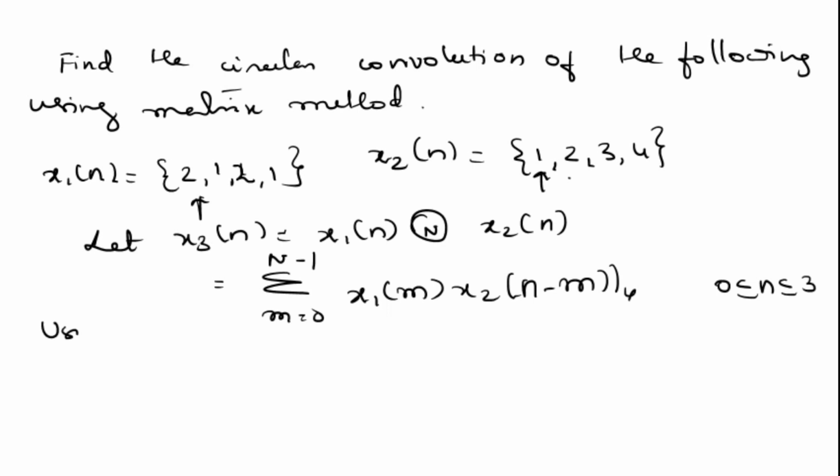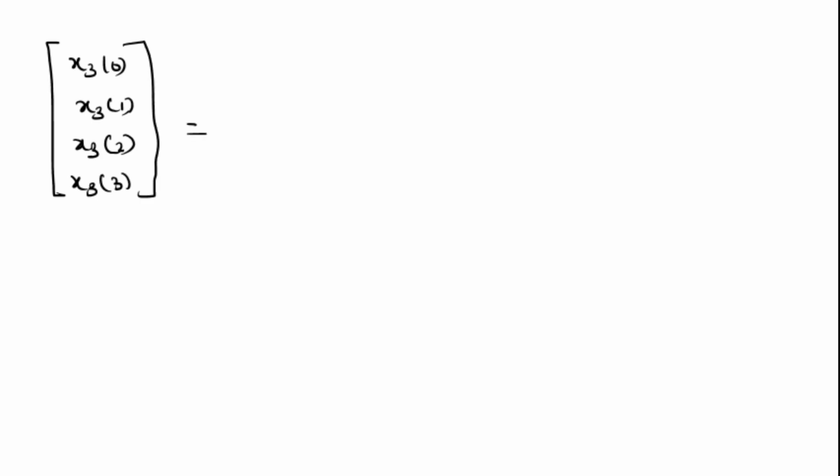So using matrix method, already we have discussed, we can write the matrix. It is x3 of 0, x3 of 1, x3 of 2 and x3 of 3 is equal to the given sequence.